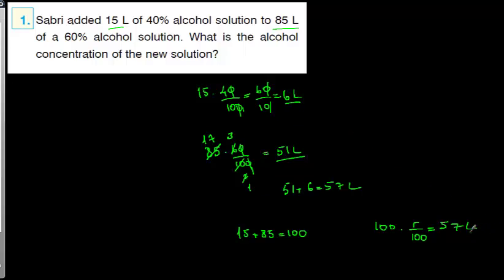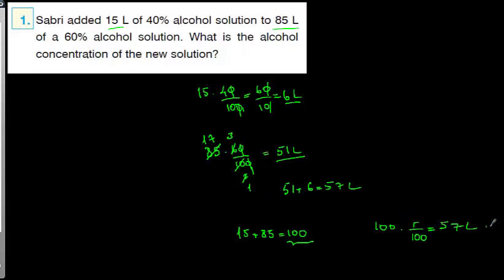So if you compare 57 with respect to 100, because these are only alcohol, these are solutions. Totally 100 liters of alcohol solution I have, and 57 liters of it is only alcohol.